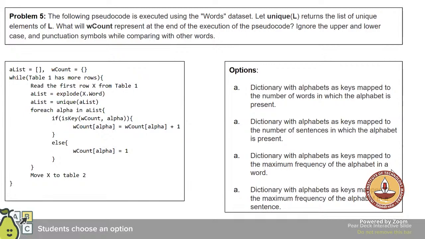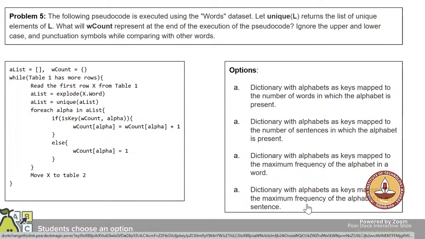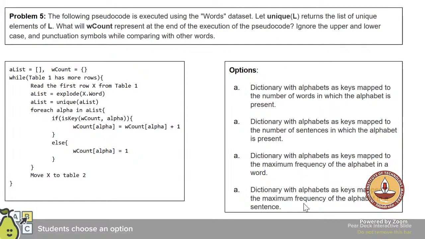Maximum frequency of alphabet in a word is not correct, right? Dictionary with alphabets as keys mapped to the maximum frequency of alphabet in a sentence. It is not about sentences, it is about the complete word status. Option A seems to be correct to me. Or do you have any other options you thought would be correct?